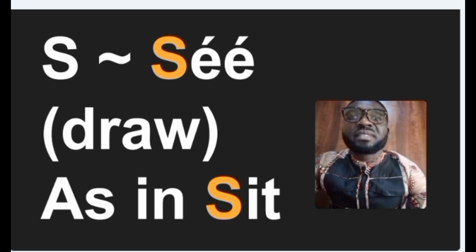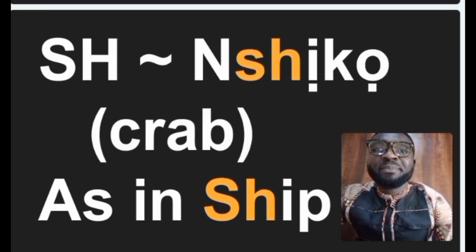Okay, we'll move quickly to the next letter, which is the sh sound. We have an Igbo word from the sh sound like mshiko, and mshiko means crab. We have the same phonetic sound in the word sheep.